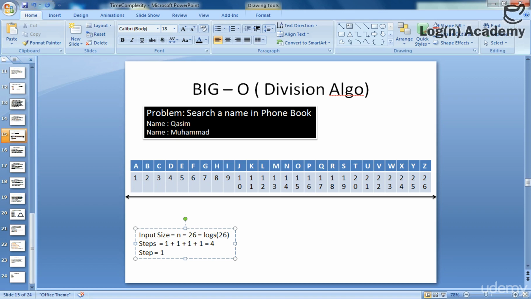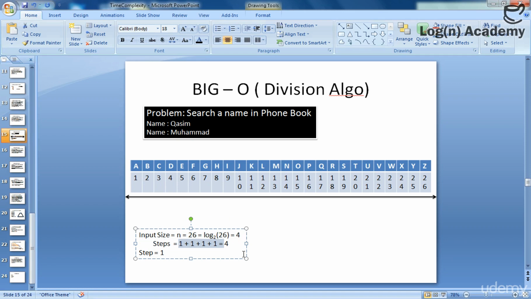So the base will be 2, right? Log with the base 2 of 26, if you search it, you will get 4, and we did the 4 steps.